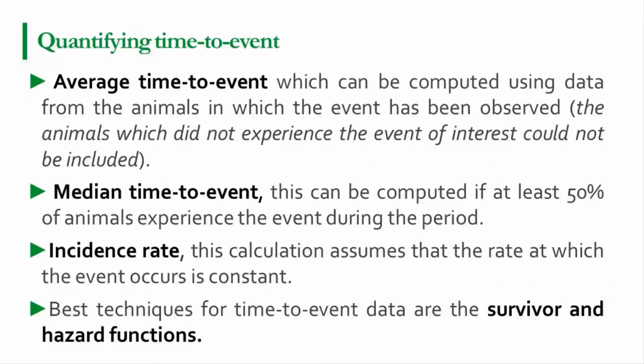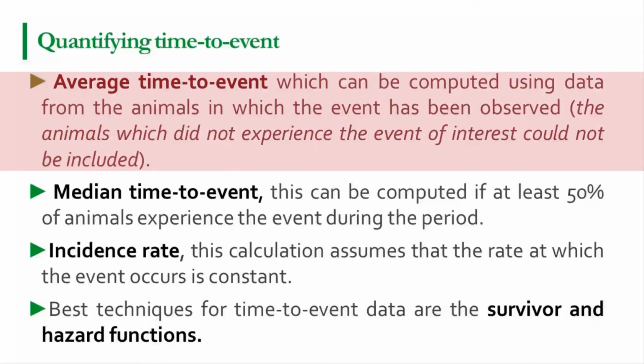One way to quantify time to event is to use the average time. The average time is calculated only for the animals which have experienced the event of interest and not for the other animals which did not have the event of interest. So it's limited only to this subgroup of animals and cannot take into account the others.